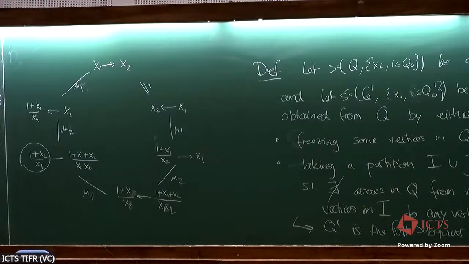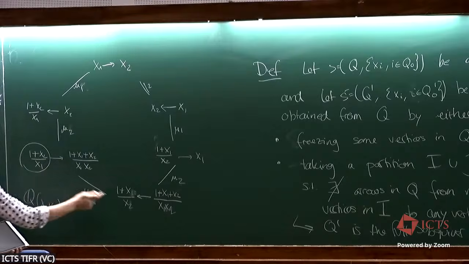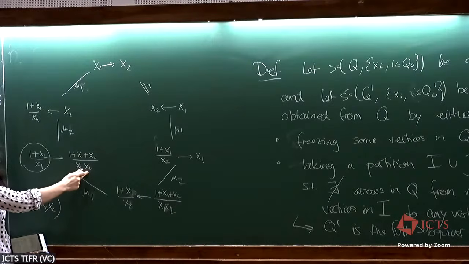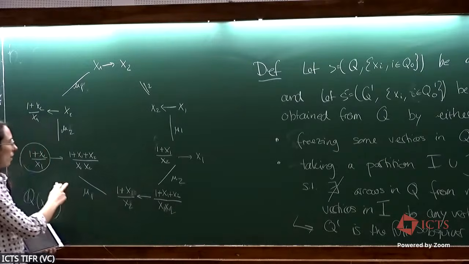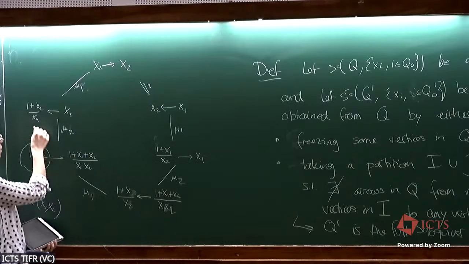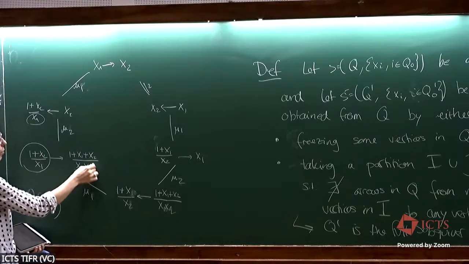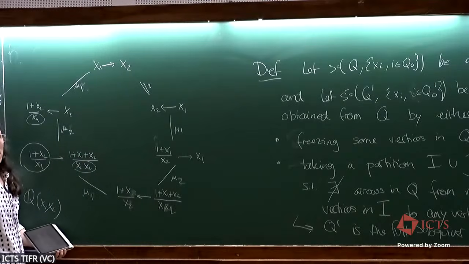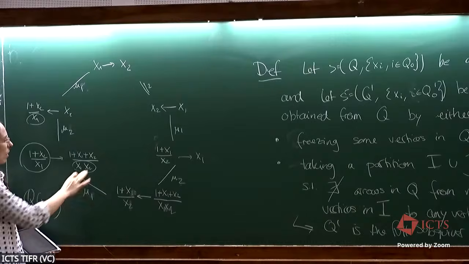We live here in this field of rational functions in x1, x2, and our mutation rule always divides by a variable. We've already seen in this step that we have to divide by a rather complicated expression. And it is kind of surprising that we end up again with a Laurent monomial. So in the denominator here, we always just have variables or monomials appearing, although on the way, we divide by quite arbitrary rational functions.